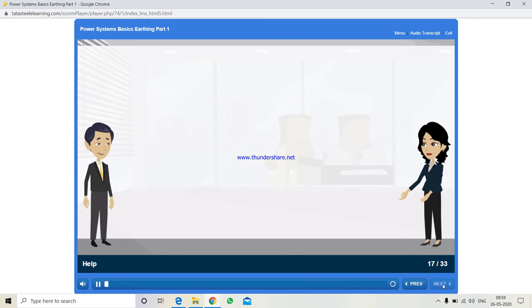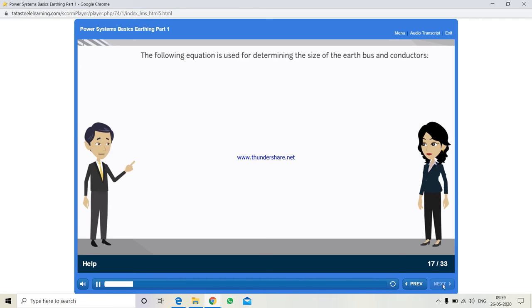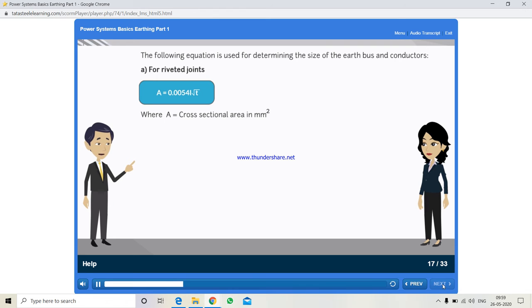So Mayank, how do we arrive at or determine these sizes? Good question. The following equation is used for determining the size of the earth continuity conductors. For riveted joints, A is equal to 0.0054 I root T. In this formula, A is the cross-sectional area in mm square, I is the amount of current flow through the earth wire in amps, and T is the duration of current flow in seconds.